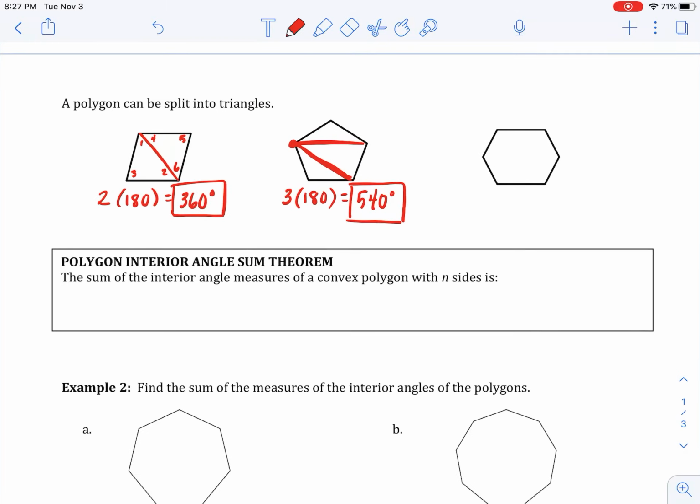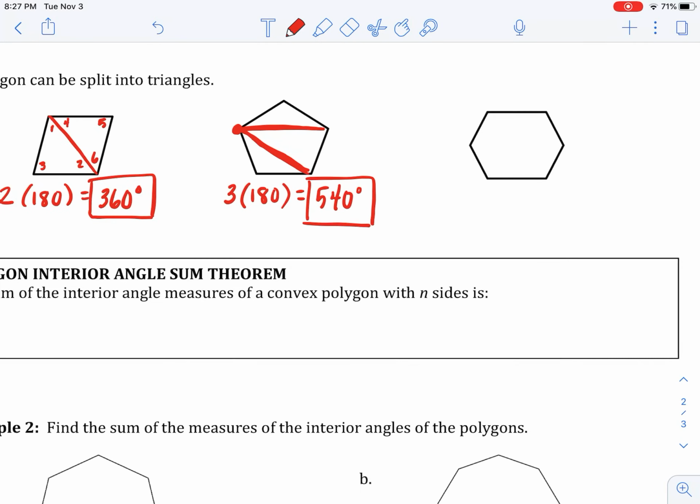All right, let's try it one more time. So again, if you draw triangles inside this shape, it's a hexagon. I'm going to pick one vertex and draw in some diagonals so that all of the angles in my triangles end up on the corners of our hexagon. And we have created 4 triangles, right? We have 1, 2, 3, 4 triangles.